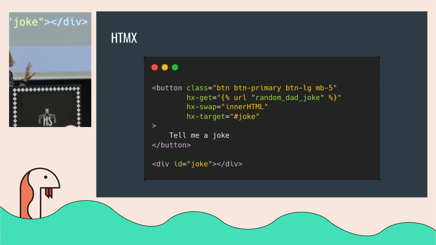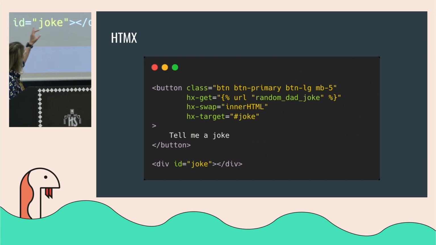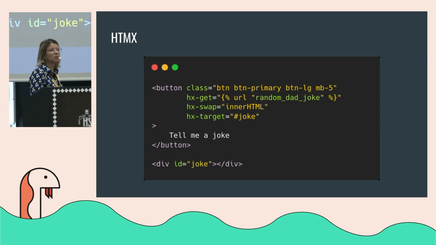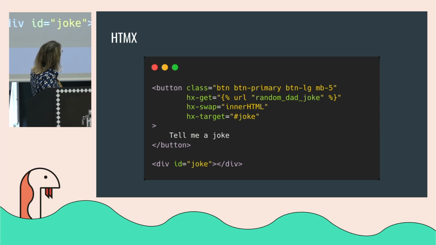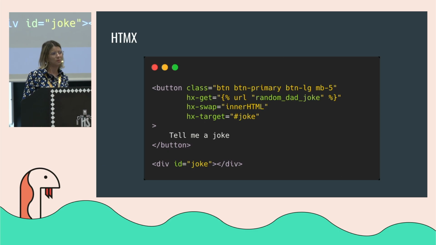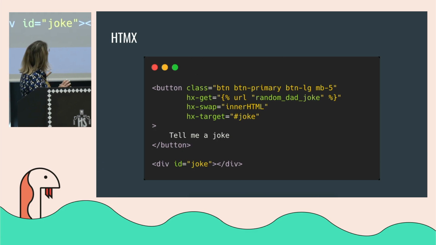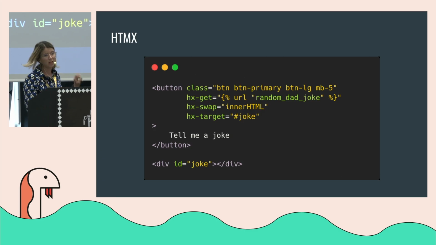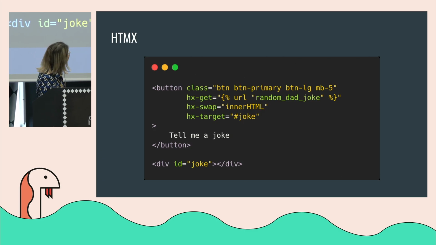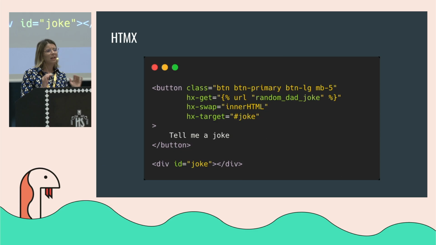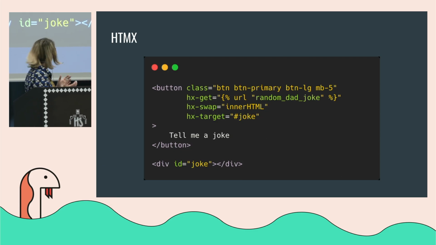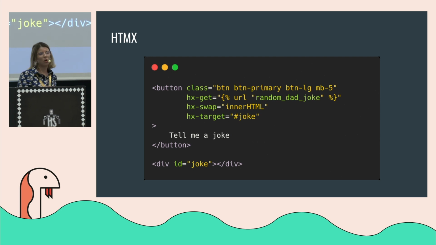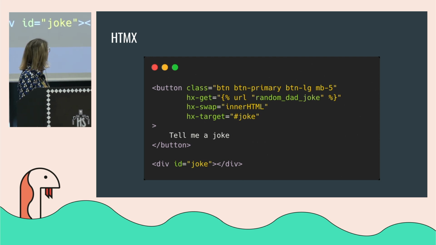This is the code that does what you just saw. Aside from the URL, which is pure Django, the 3 attributes cover what we needed. hx-get is the heart of HTMX. The hx-get triggered the HTTP request to the random joke. hx-swap innerHTML means not the whole element, this div with ID joke, only this part, the content, will be updated by the response.